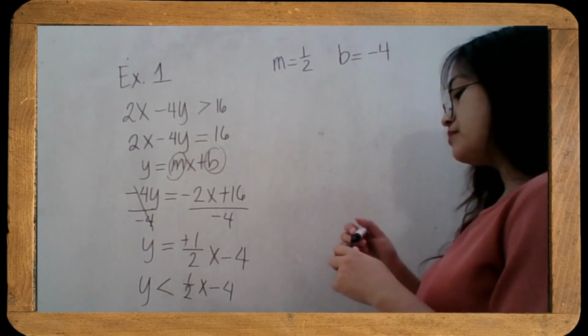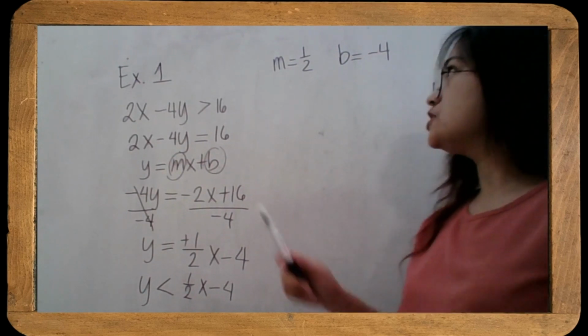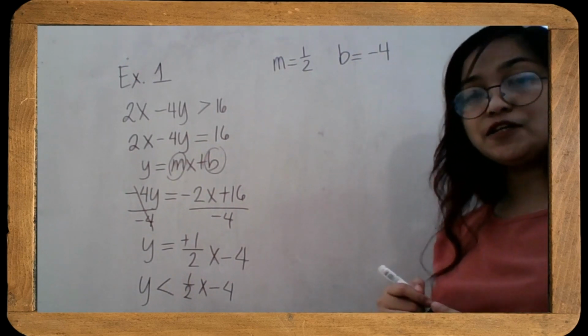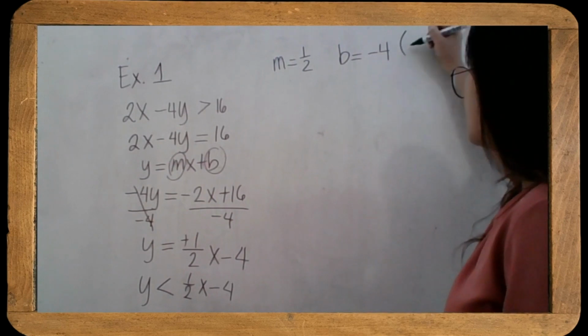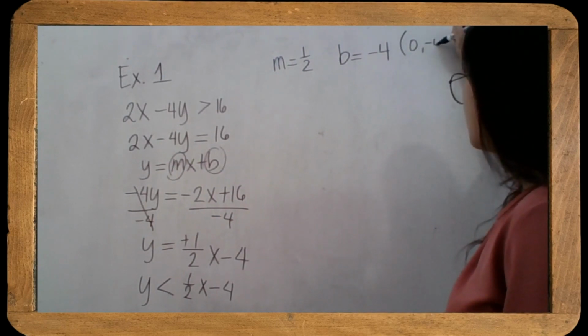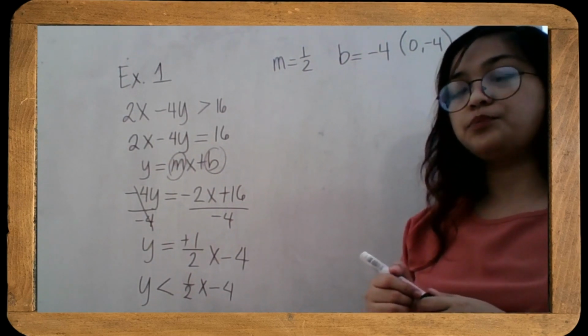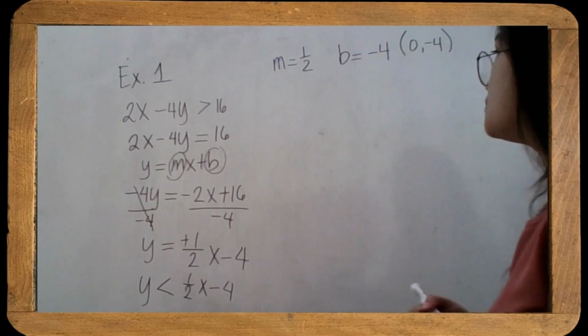Okay? Then, the next step, you need to graph using the slope and the y-intercept. In y-intercept, so, ang negative 4 natin magiging 0 and negative 4. Okay? So, yan ang ating starting point. 0 and negative 4.